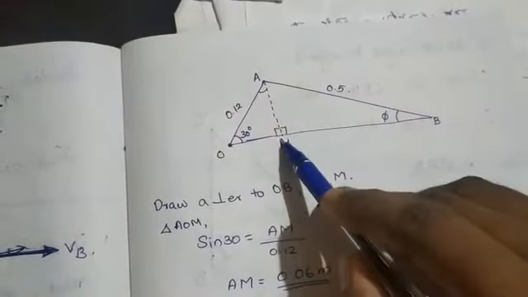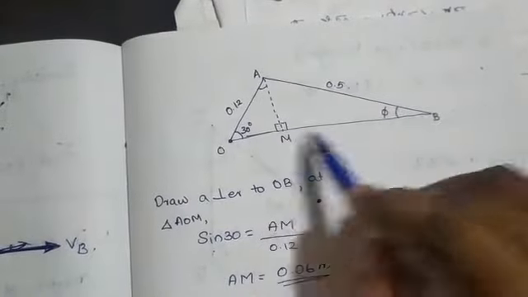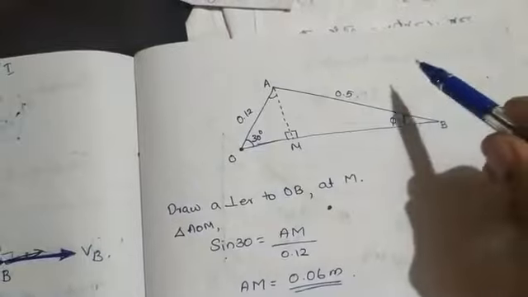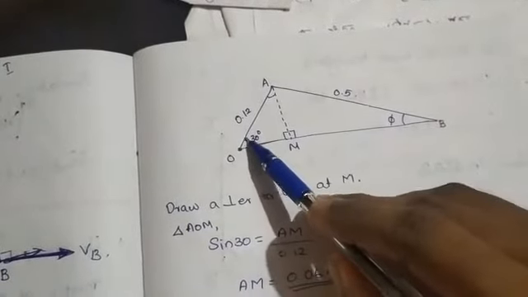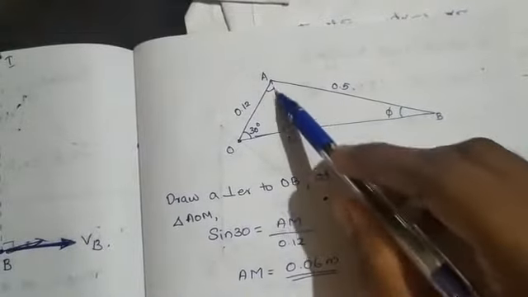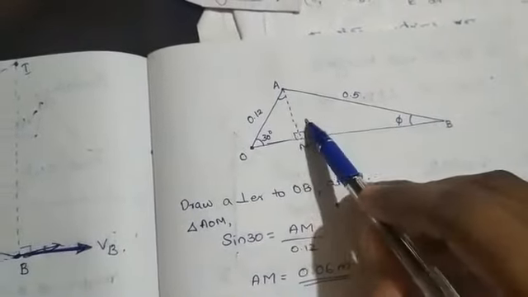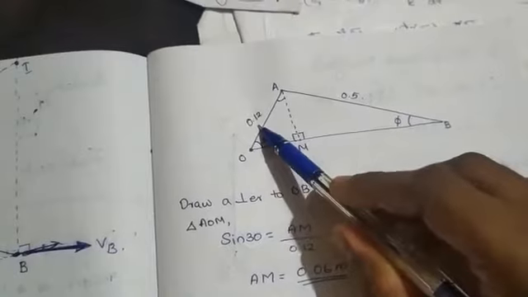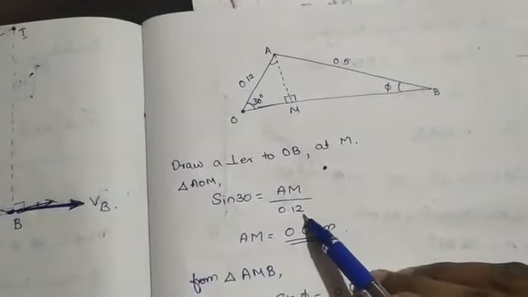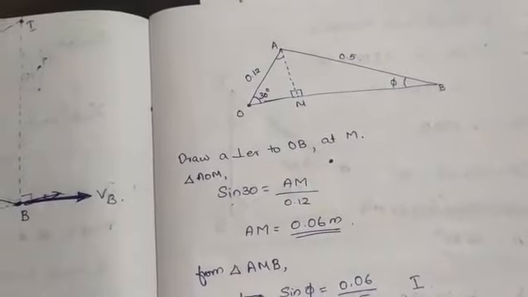I plot a perpendicular from A to the base OB. So AM is my perpendicular. Now you know this 30 degree and one side you know. So I need AM. So sine of 30 is AM by OA. So sine 30 is AM by 0.12, AM is 0.06 meter.